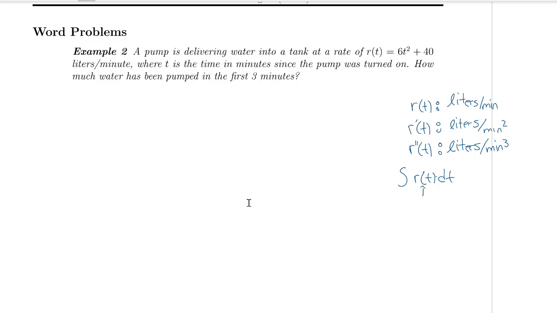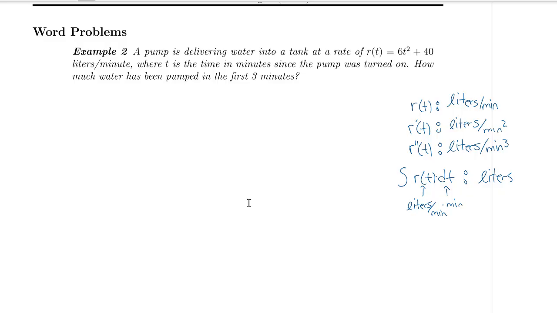Putting that together, we can write these units as liters per minute for the function, and dt is the width on the t-axis, so that's time in minutes. So in fact, the units of integration will be liters, which is exactly what we're after.